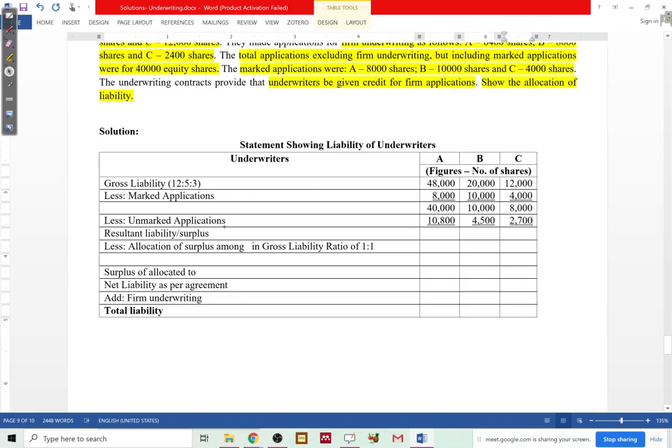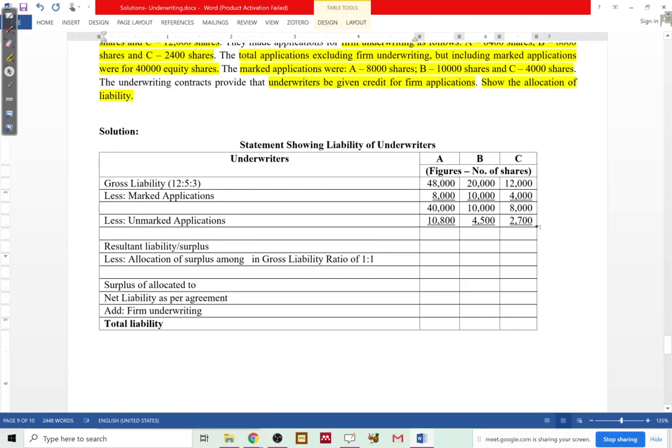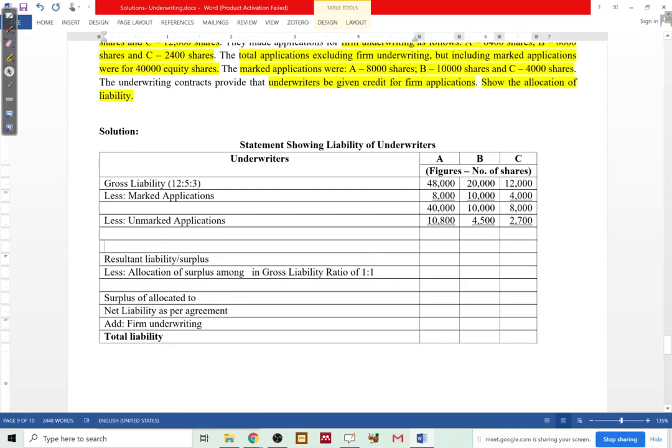So these are our unmarked applications. Is that fine? Now, the difference that we get over here, I'll just add another line to it perhaps. We're going to get a difference over here, but this difference is not going to be the resultant liability yet. Now what does this mean?